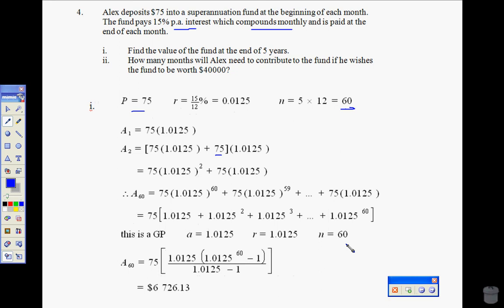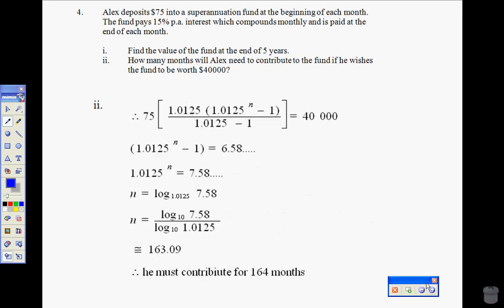All I'm going to do is take the sum of the GP that I had, use the value of n there, and set it equal to 40,000. Now, the only unknown I've got here is n. So we're going to clean this up and divide by 75 on both sides.